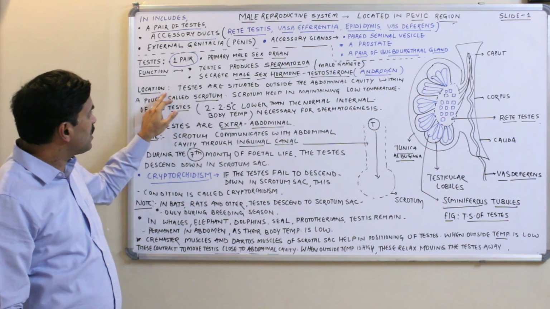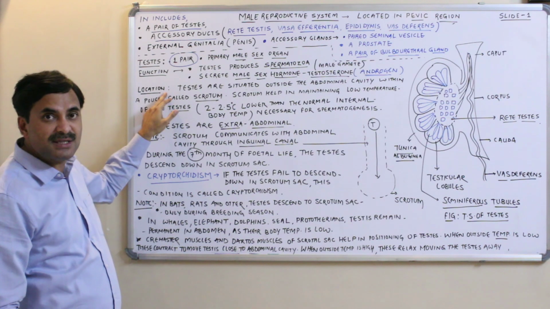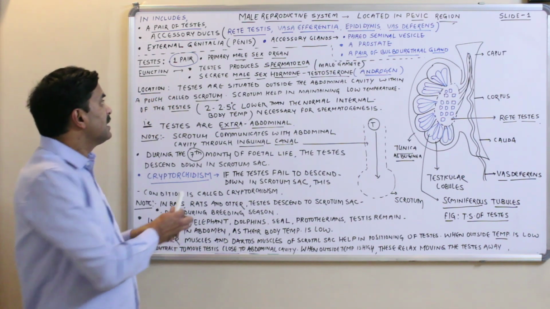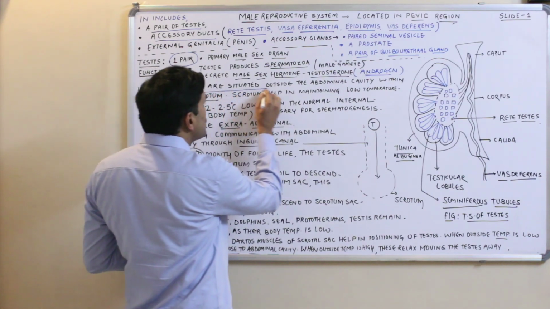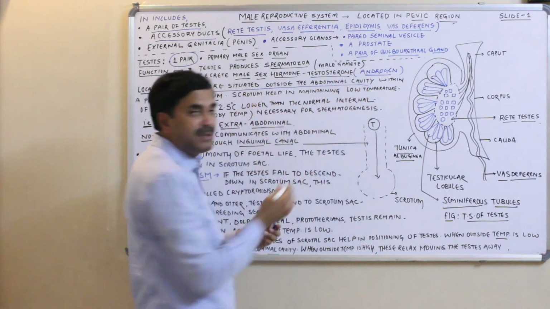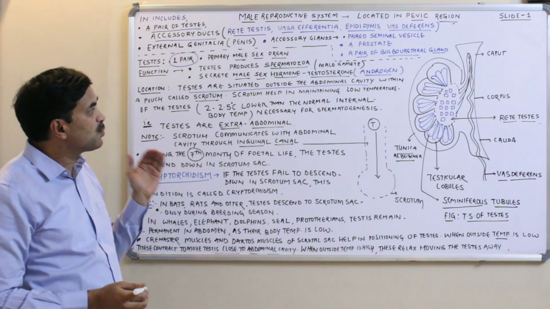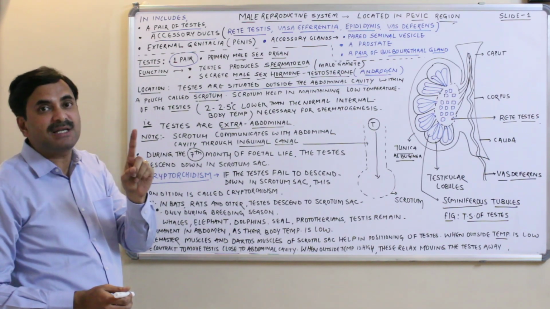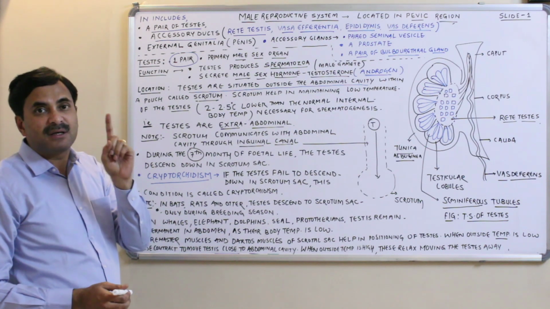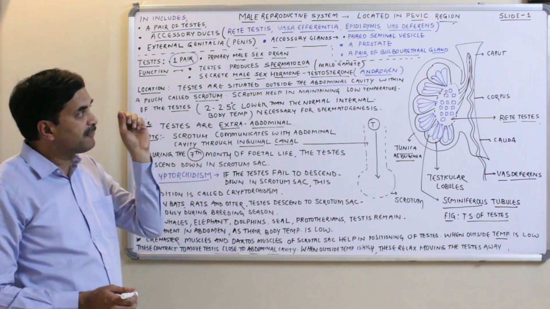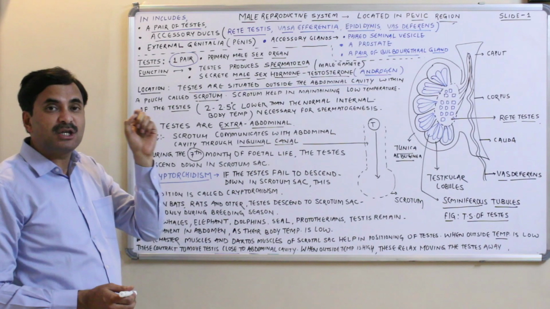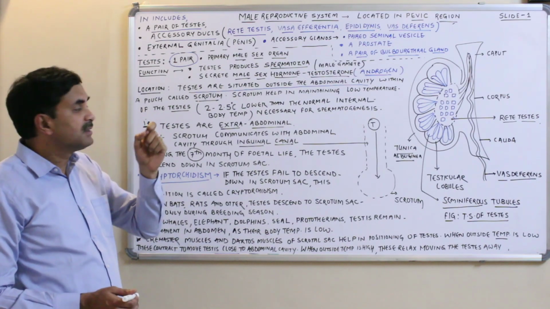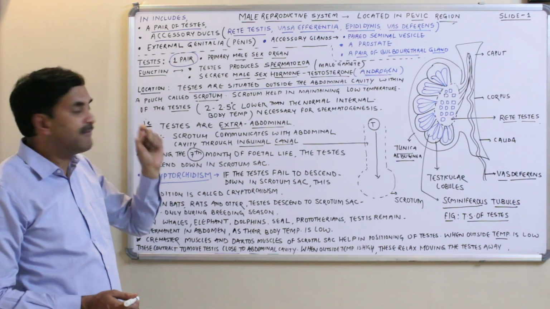Now let's talk about the location where the testes are located. So basically in human beings, the testes are situated outside the abdominal cavity. Though the development during the fetal life started when the male was in the uterus of the mother, during that period only the testes started to develop.